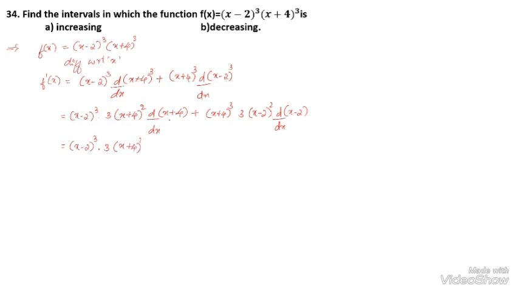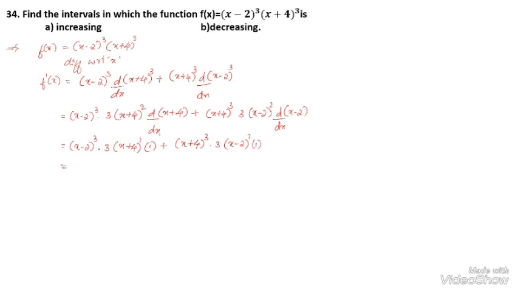Here for x plus 4, the differentiation of x is 1 and the constant is 0, plus now x plus 4 whole cube into 3 into x minus 2 whole square. The differentiation of x is 1 and 2 is a constant, so that is 1.